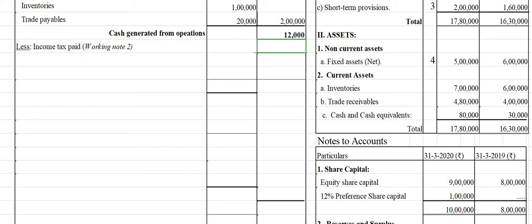So 60,000 is deducted from 12,000. Therefore, we get a minus figure of 48,000 rupees. That is cash used in operating activities.